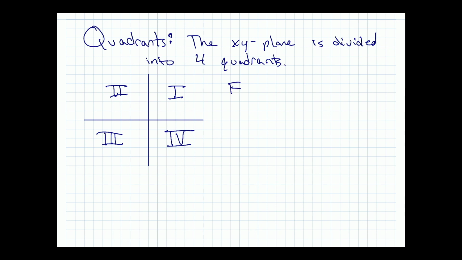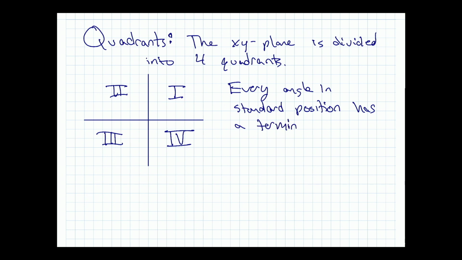So every angle in standard position has a terminal side. And that terminal side is going to be in one of the quadrants. Now, I say that, but that's actually not true, is it?